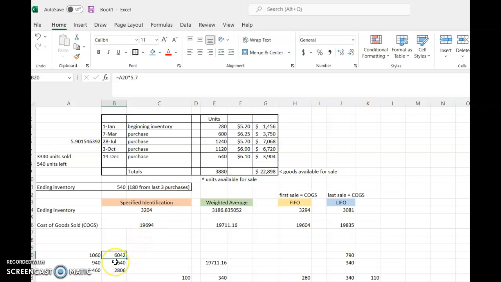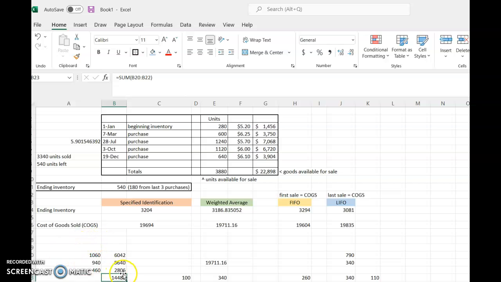After I calculate each of those 3 individually, I do a sum in Excel, selecting all of those, and I get the total of those 3 sales. Then you want to make sure you go back and add the dollar amount for the beginning inventory and that first purchase, because those were also sold, included in that cost of goods sold number.